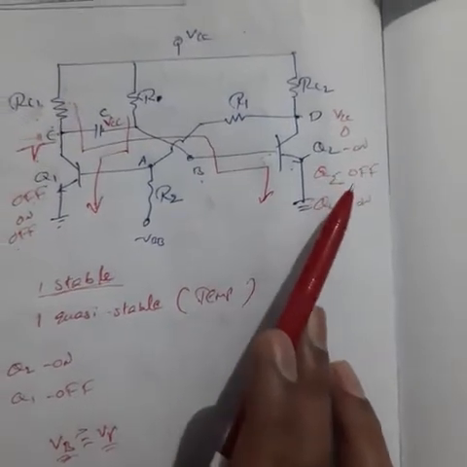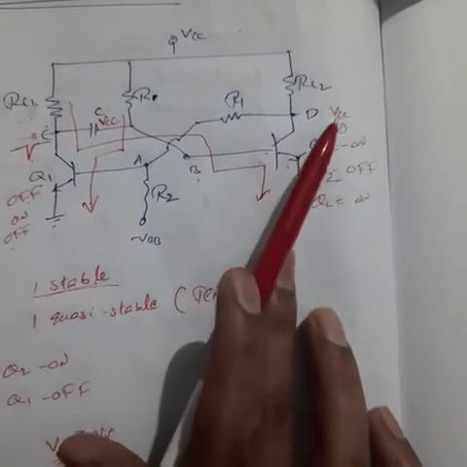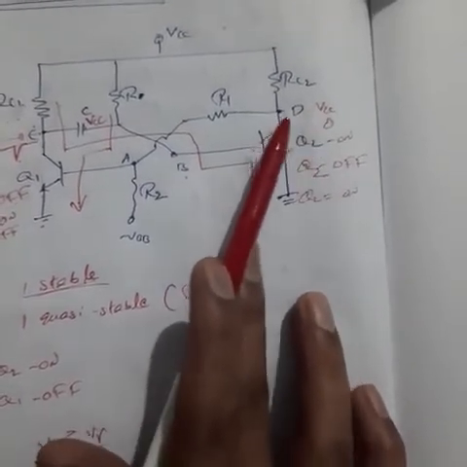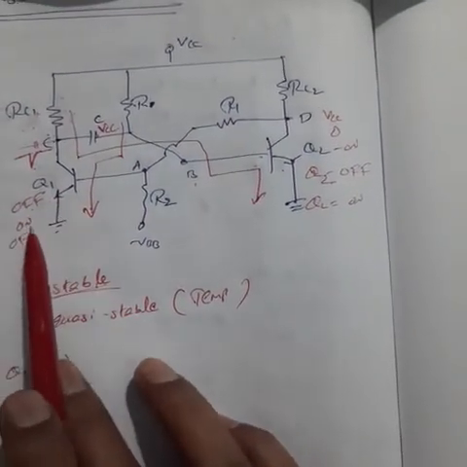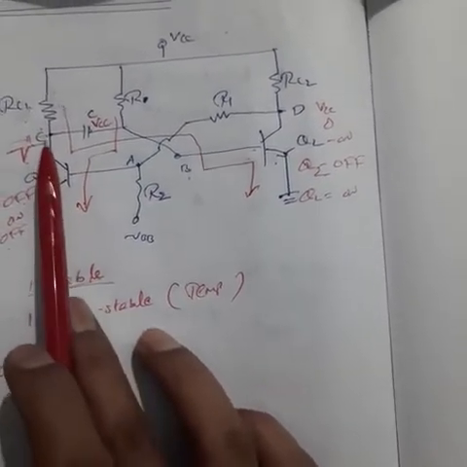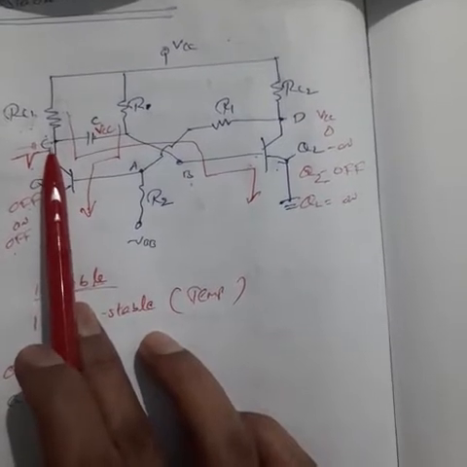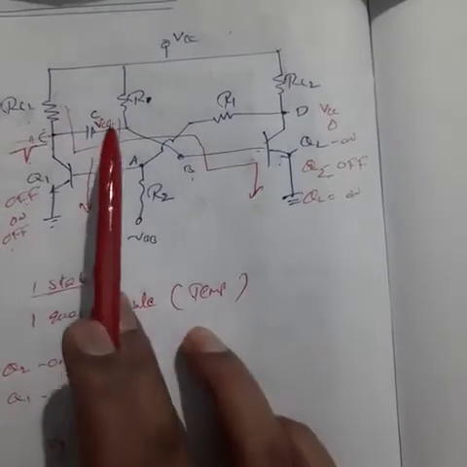Then Q2 becomes off. If Q2 becomes off, then the output of Q2 is maximum. That is applied to the base of transistor Q1, then Q1 becomes on. If Q1 becomes on, the output voltage is equal to 0. At this condition, the capacitor starts discharging in this path.